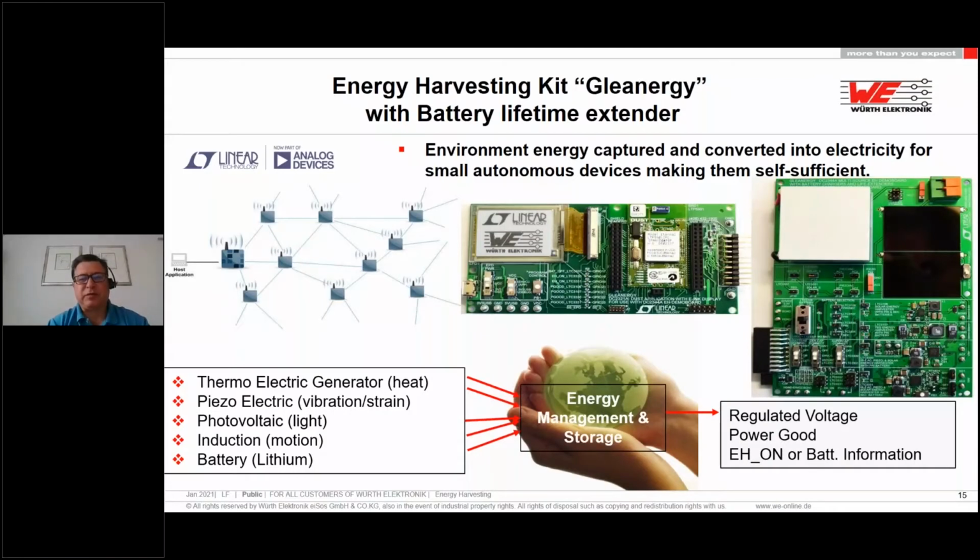You can harvest multiple sources at the same time: solar, thermo, piezoelectric, and you have the possibility with a jumper and switches to put them to different storage capacity banks, or supercaps, or lithium cell, or primary battery, secondary battery, and you can build your own mesh network using this former Dust Networks chip, which is now also Analog Devices, in 2.4 gigahertz communication, and you have a shield PCB where you can put your sensors and make the first steps in energy harvesting development.